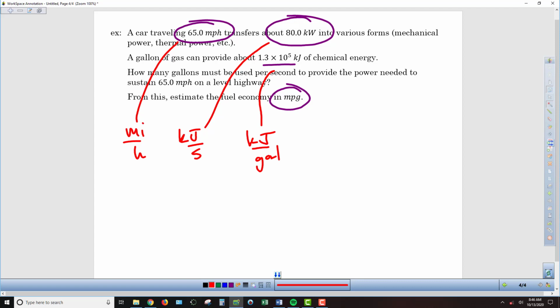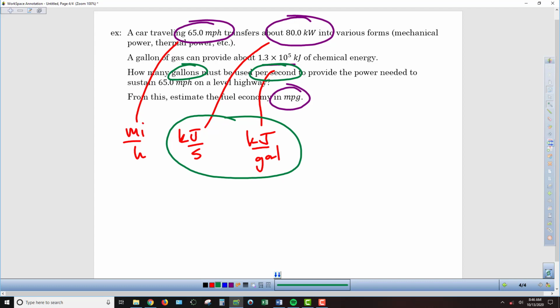For our first question, we're asked to find the number of gallons per second that are necessary. These are my units that involve the gallons and seconds that I want. So how can I end up with gallons in the top and seconds in the bottom?